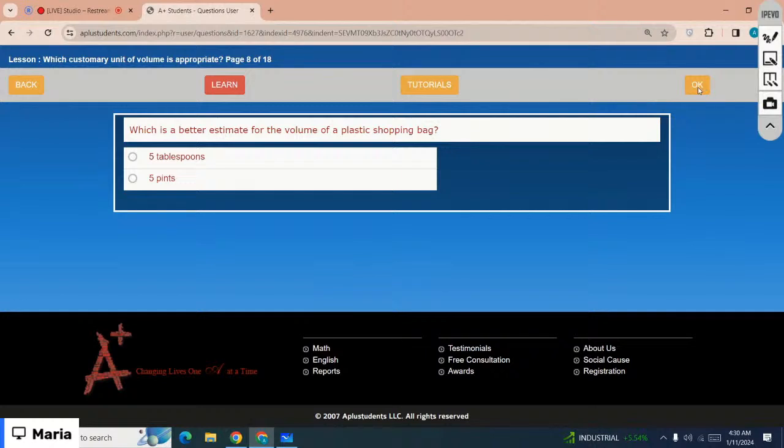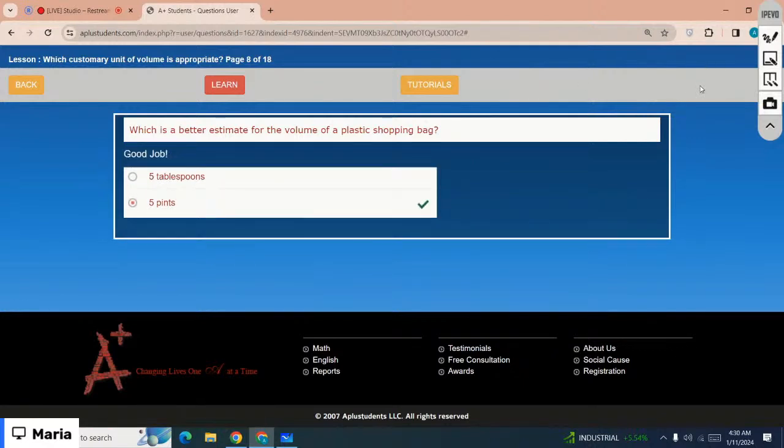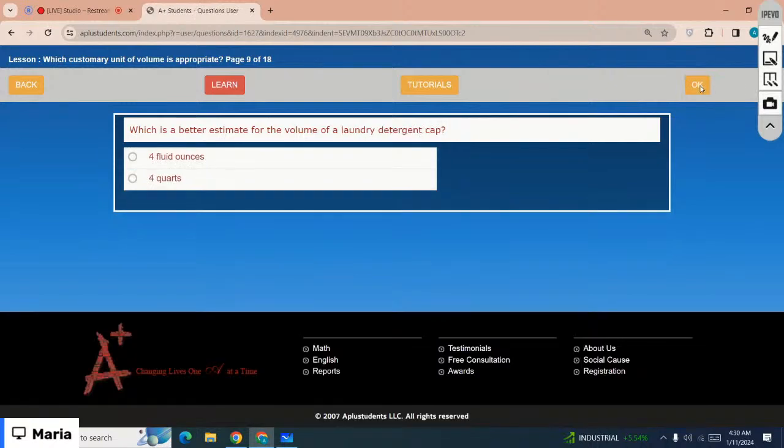The correct option is 5 pints, I think, because tablespoons is a very small unit for a shopping bag. That would be 5 pints, right? Okay, you can complete the lesson by yourself later today. Let me just move on to the next lesson.